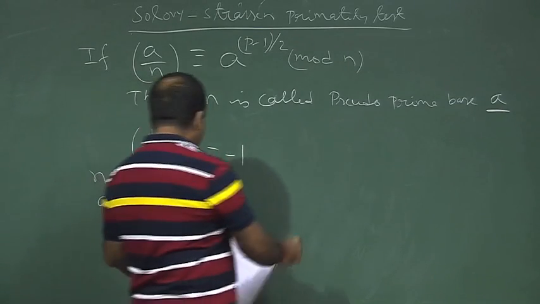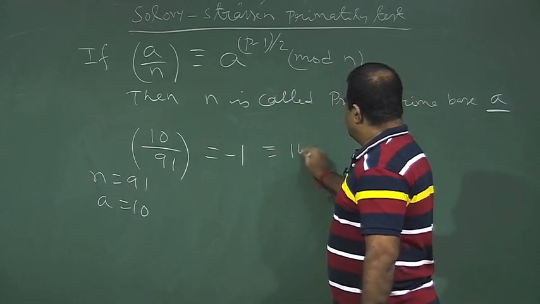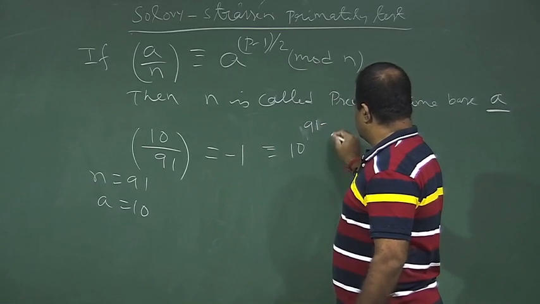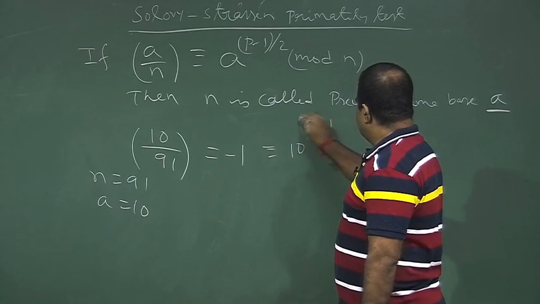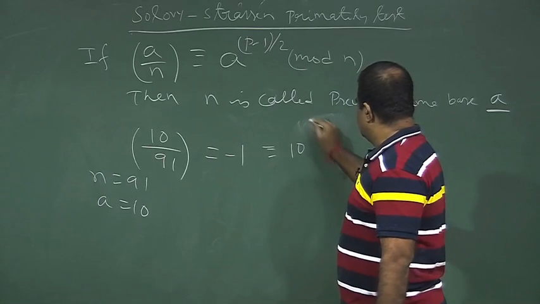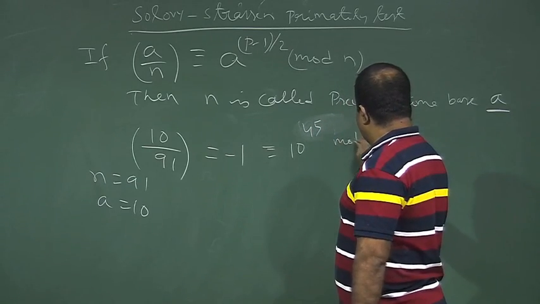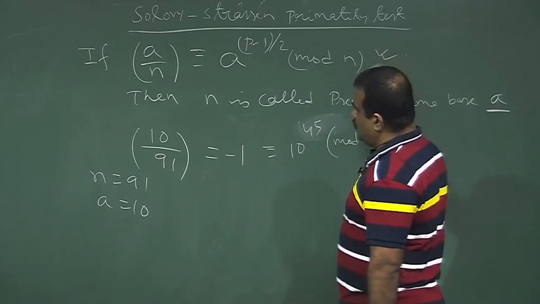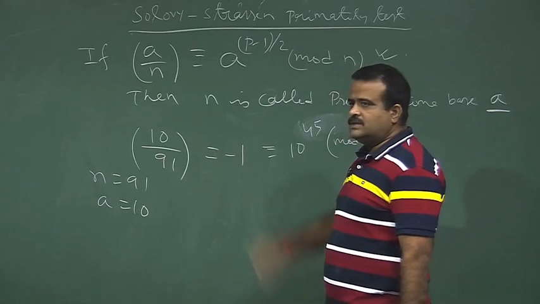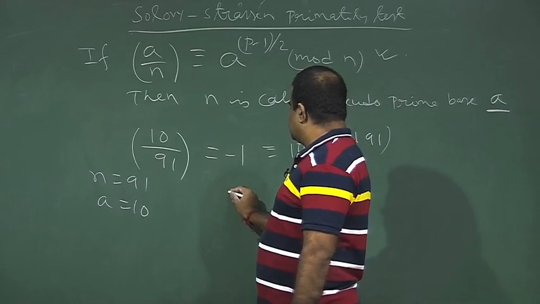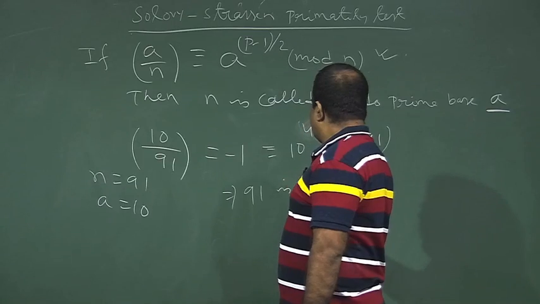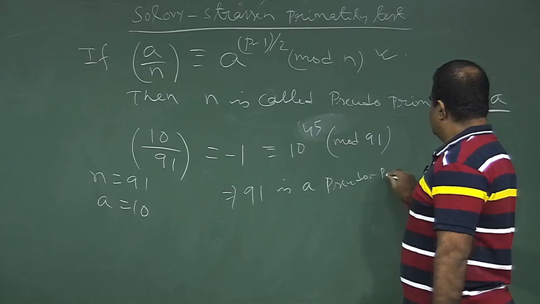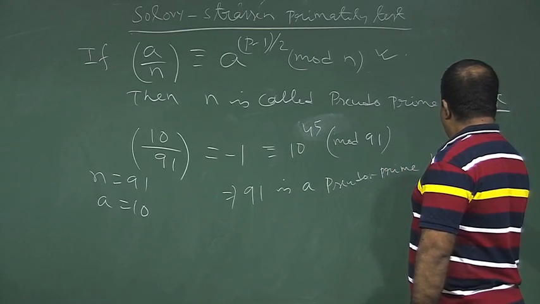And if we calculate 10 to the power (91 minus 1)/2, so this is basically 10 to the power 45, mod 91, this can also be verified to be minus 1. So this result is true for a equal to 10. Although 91 is not a prime, this implies 91 is a pseudo prime base 10.